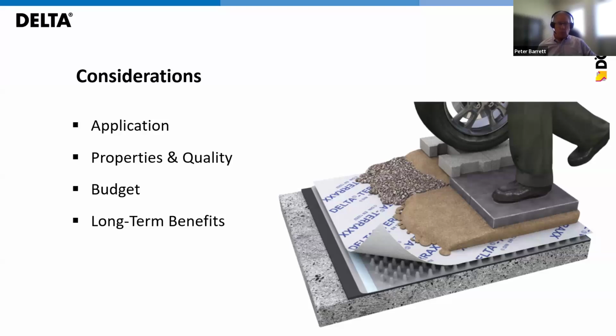Obviously, the application. Where are you putting it? What kind of properties and qualities do you require? In other words, what do you need to do? What's most important to you? Obviously, your budget. As well, we want to consider the long-term benefits. As an example, I'm fond of saying anything that's not durable is not sustainable.